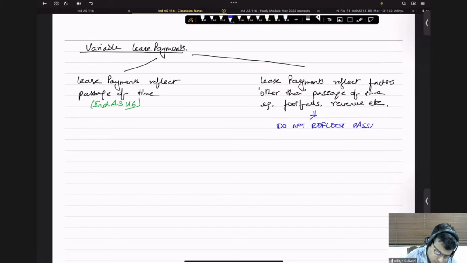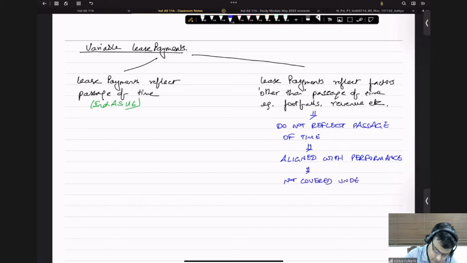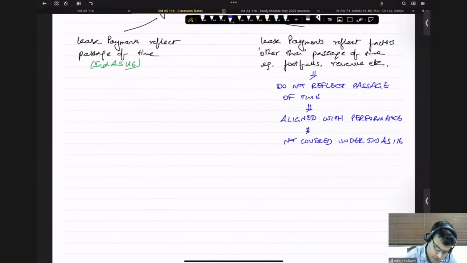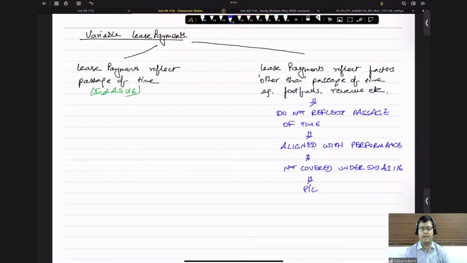They are more related to performance, more aligned with performance, and therefore not covered under Ind AS 116. So if it's not covered under Ind AS 116, typically you expense it out to P&L.